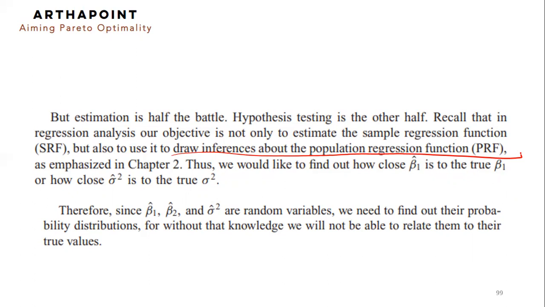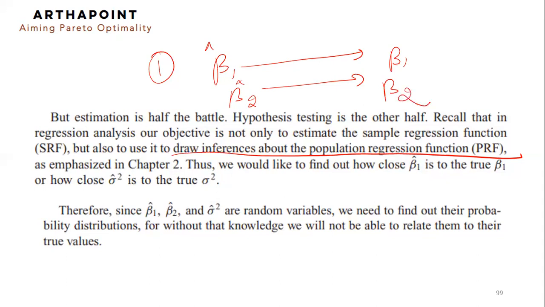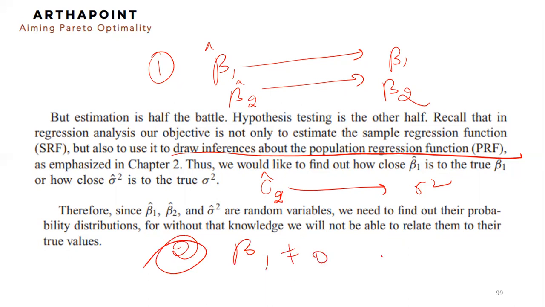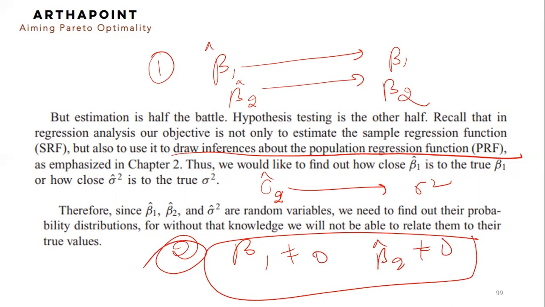So we would like to find out, one, how close my beta 1 hat is to its actual beta 1, how close beta 2 hat is to its actual beta 2, sigma square hat is to its actual sigma square, and then I would like to understand if beta 1 not equal to 0, beta 2 not equal to 0, do I have sufficient evidence for this or not?